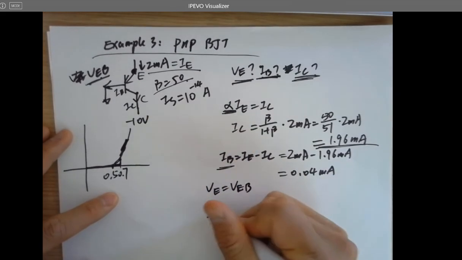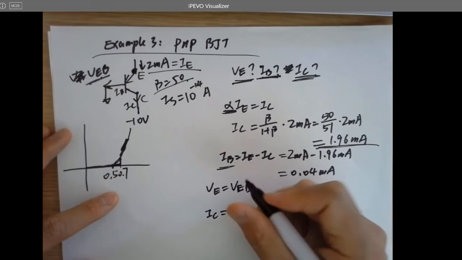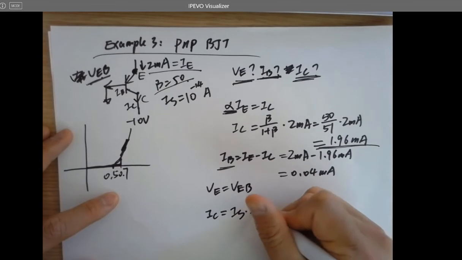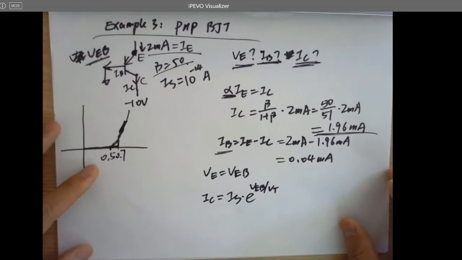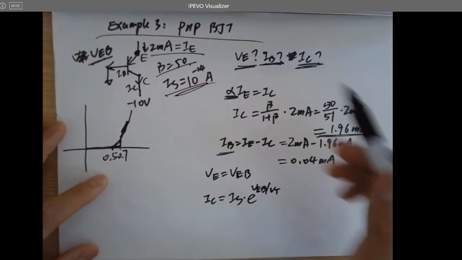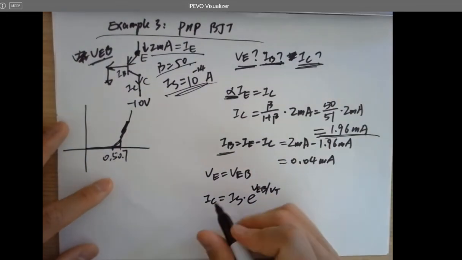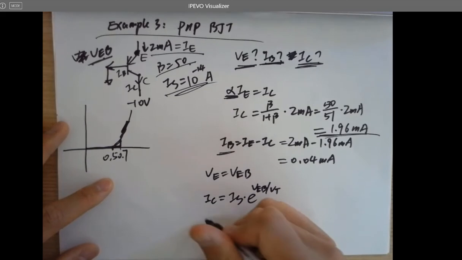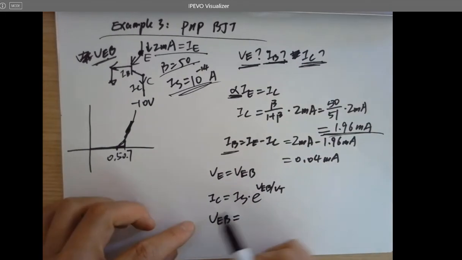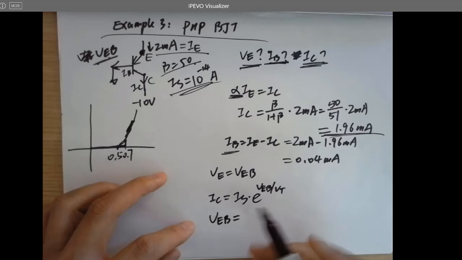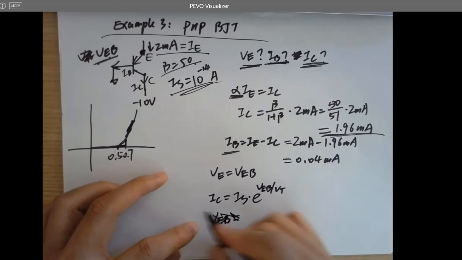So IC equals IS e to the VEB over VT. IS is given, IC has been calculated. So VEB equals what? You can move this to the left. Let's do it. Do not skip all the steps.